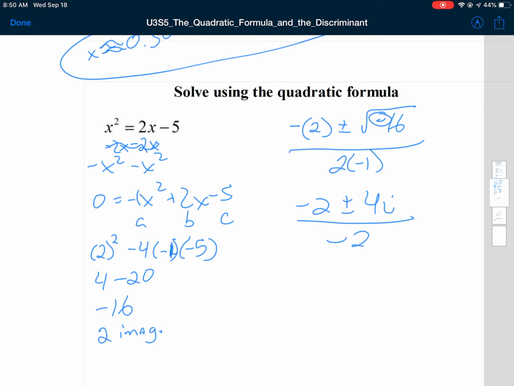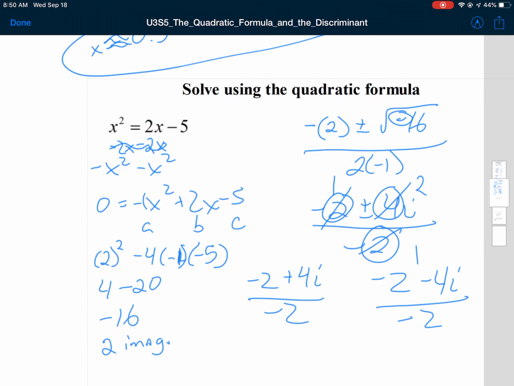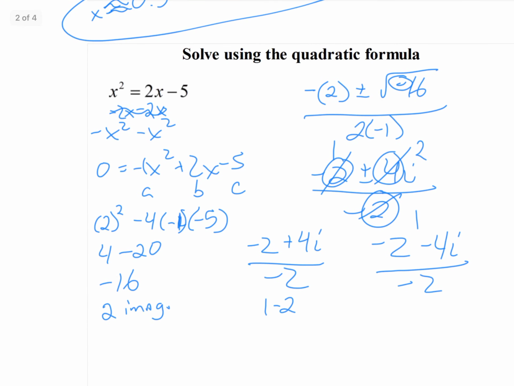Now, what I'll do is, because here, here, and here are all divisible by 2, I'm going to take negative 2 plus 4i divided by negative 2, negative 2 minus 4i over negative 2. The negative 2 divided by negative 2 is 1. The 4 divided by the negative 2 is negative 2i.